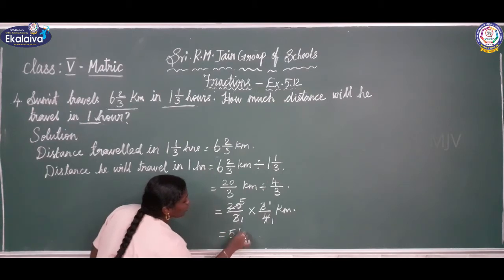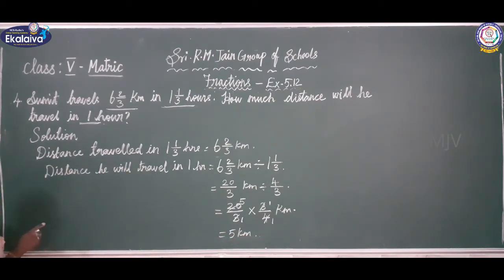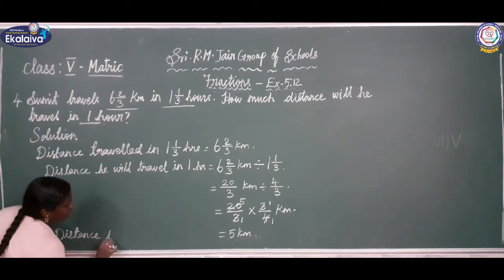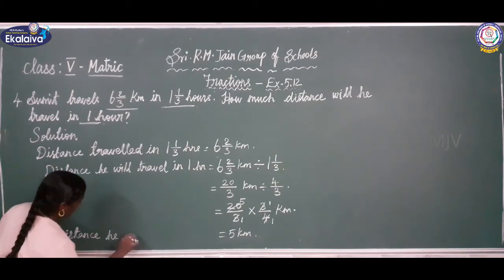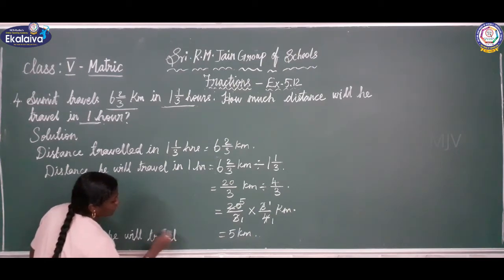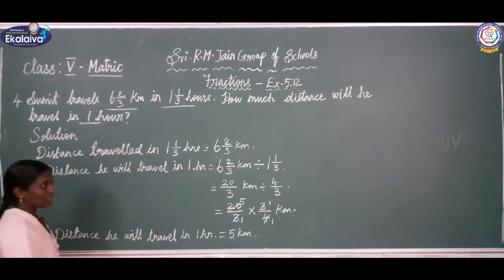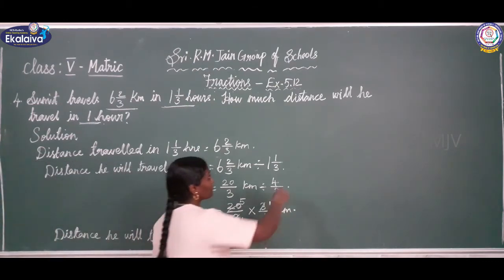So 5 kilometer. So Sumit will travel 5 kilometer in 1 hour. Distance he will travel in 1 hour is equal to 5 kilometer. Is it clear, children?